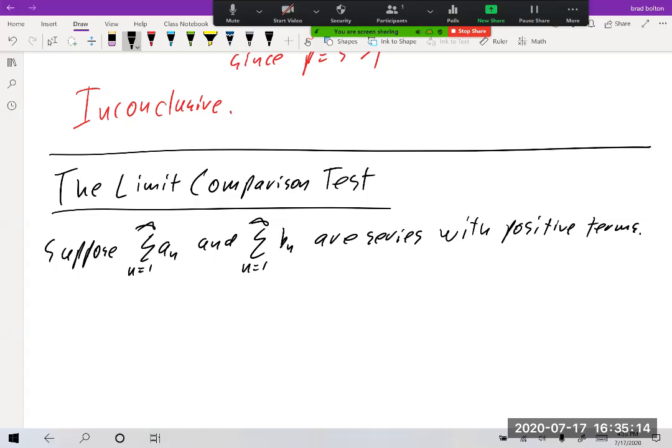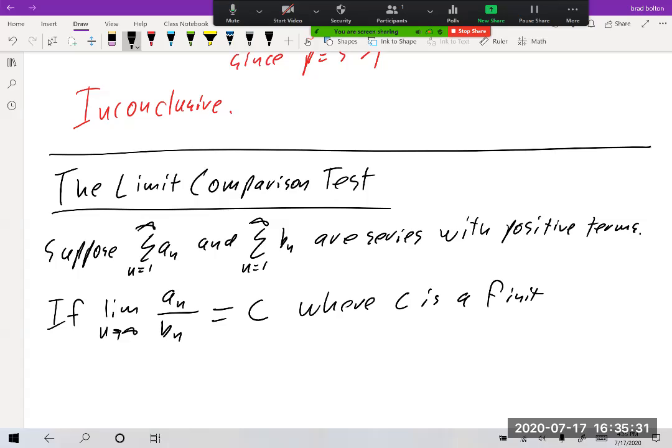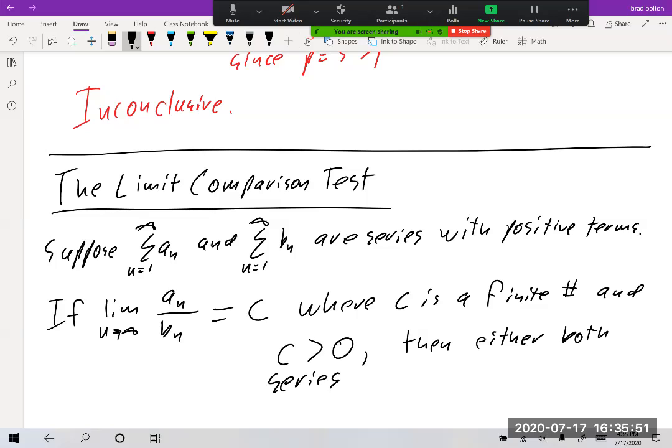Okay, so if the limit as n approaches infinity of a sub n divided by b sub n equals c, where c is a finite number and c is greater than 0, then either both series converge or both series diverge.